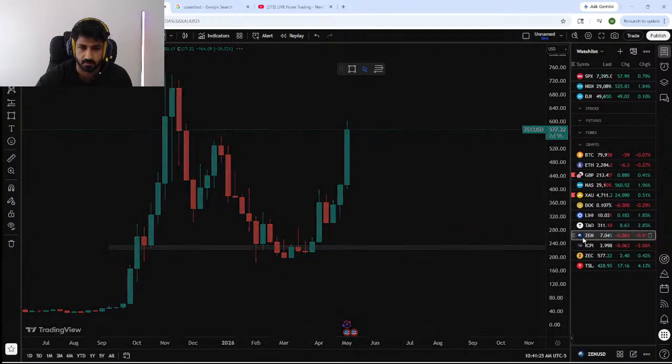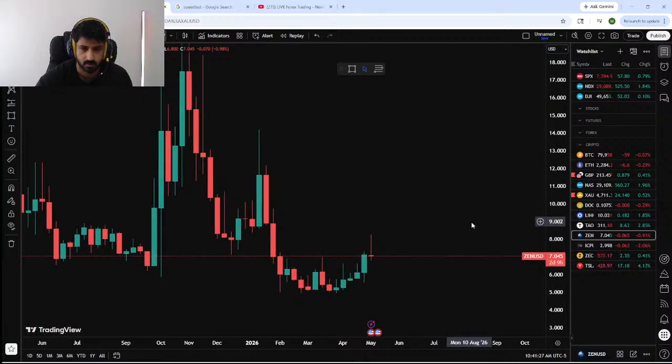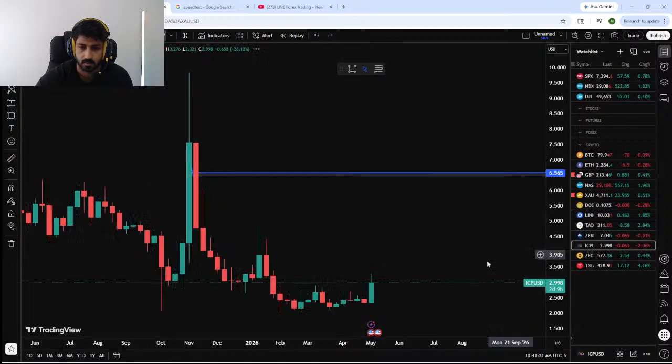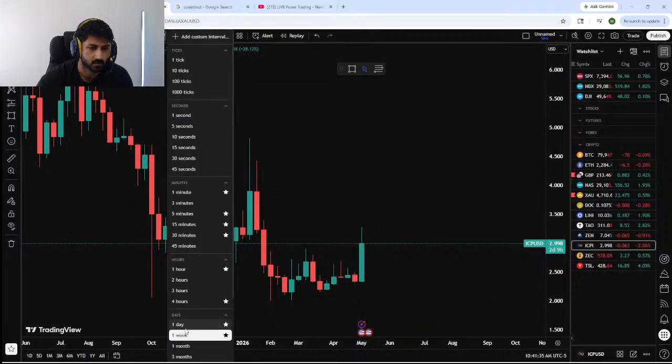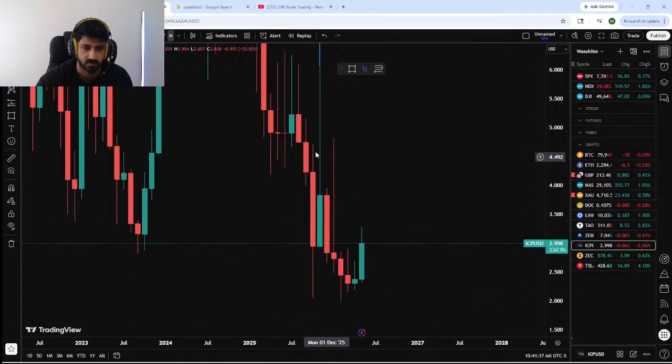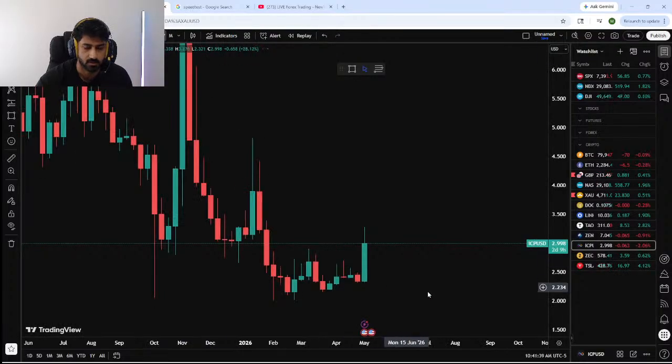Zek has moved up. I don't know what the hell is going on with this pair. You know, for next week, I think Zek has potential to be in a trade.